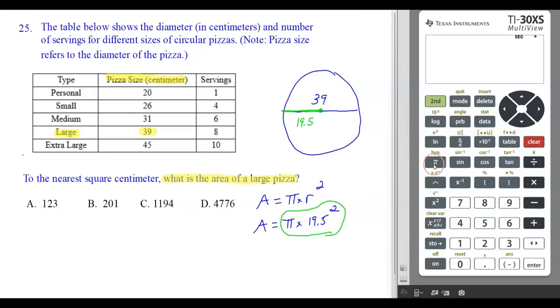Pi, there's your pi symbol right here, times 19.5 squared. 19.5, square it right here. Hit enter, and you get 1194. It says round to the nearest square centimeter, so I'll just drop this stuff off here and write down 1194. That matches up with C.